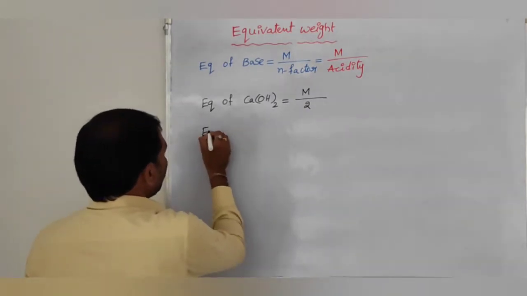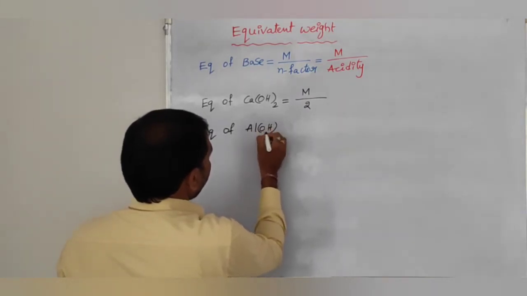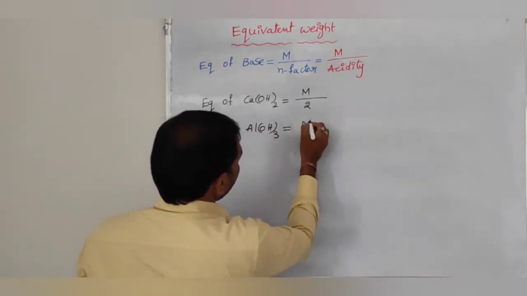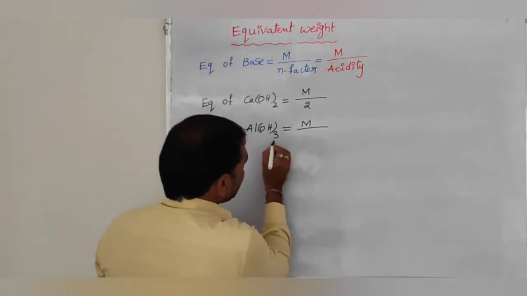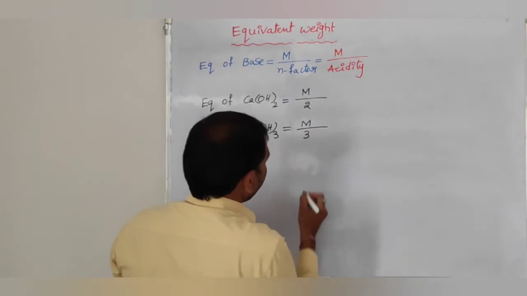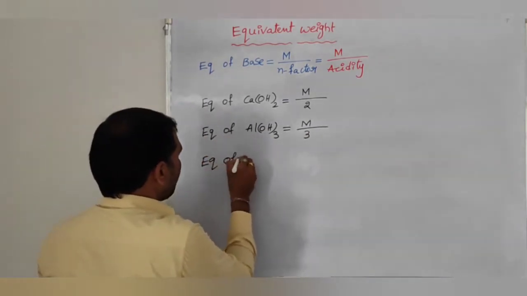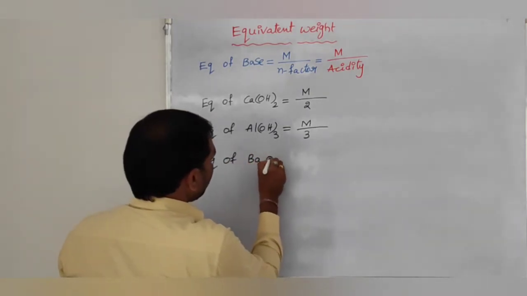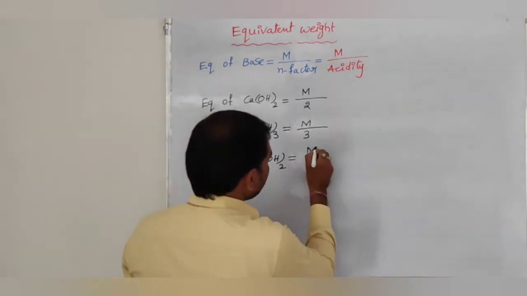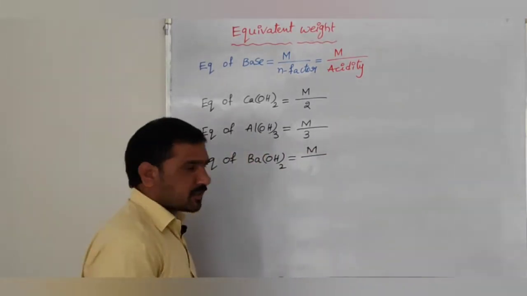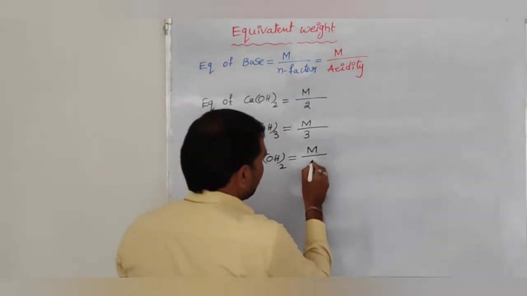Like that, the equivalent weight of aluminum hydroxide is equal to the molecular mass of aluminum hydroxide divided by the n factor. Here how many OH groups are there, beta? Here 3. Therefore, n factor 3. And the equivalent weight of barium hydroxide is equal to the molecular mass of barium hydroxide divided by the n factor. In this also, how many OH groups are there, beta? Here 2. Therefore, n factor 2.